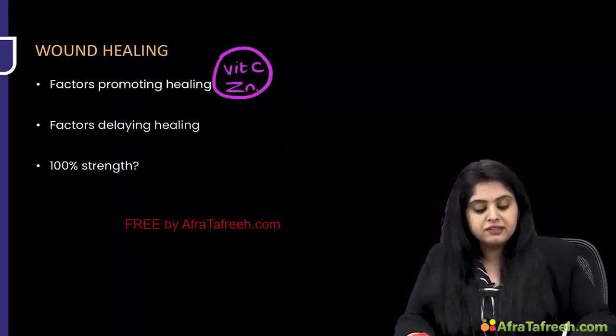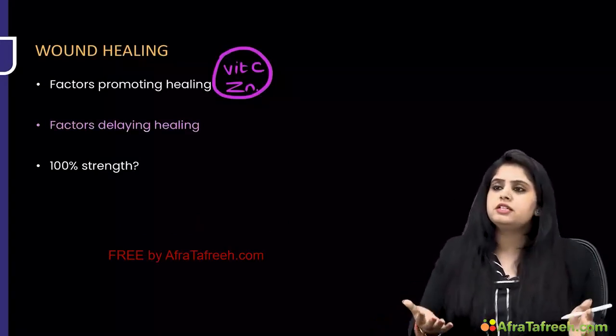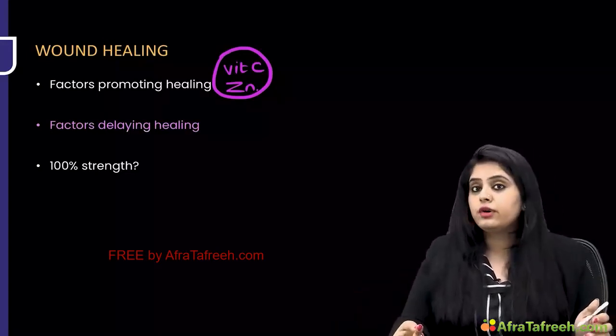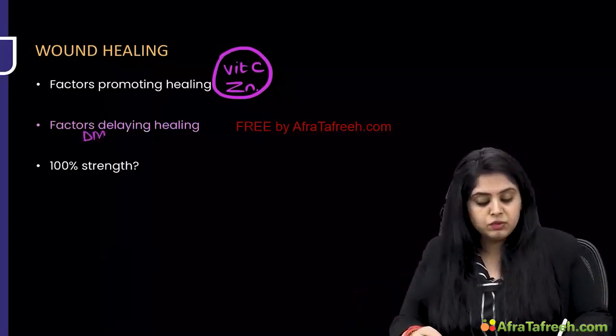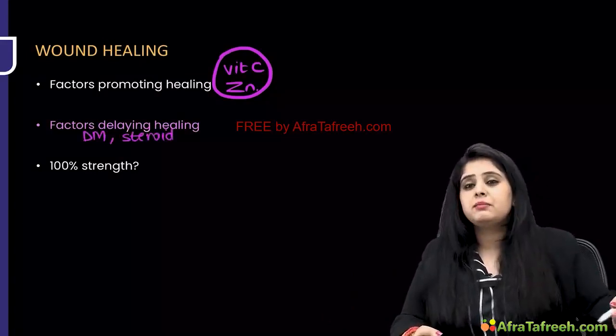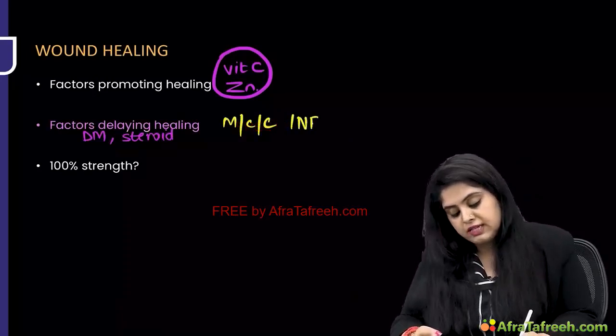Next, what are the factors that will delay healing, which will not let healing occur? Lots of factors. You must have seen diabetic patients don't have good healing. Patients who are on steroids don't have good healing. So diabetes, steroids, they don't have good healing. The healing will happen after many, many weeks. But if they ask you what is the most common cause of delayed wound healing, your answer is going to be infections.